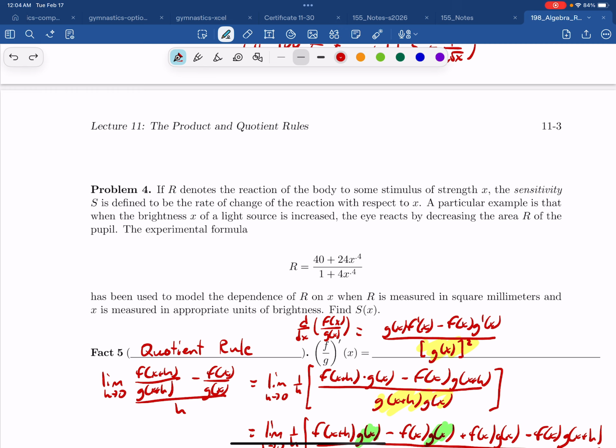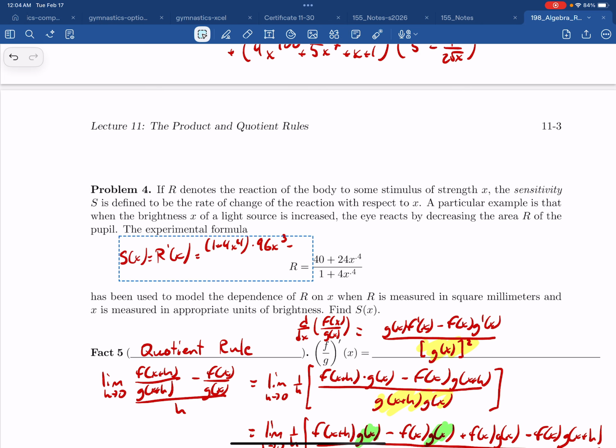We need to find the rate of change of r, right? We need to find s of x, right? So s of x equals r prime of x, which equals low d high, 96x cubed, minus high, ooh, you know what? I don't think I'm going to have the room here. I'm going to have to move this over here.